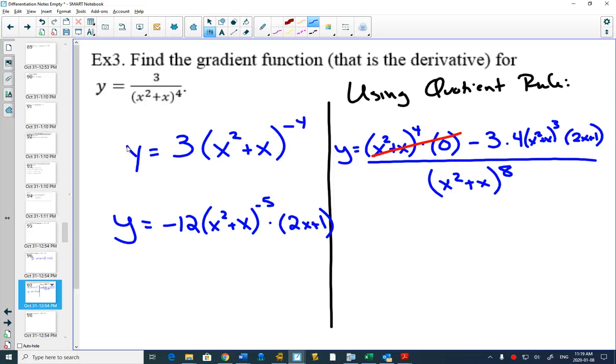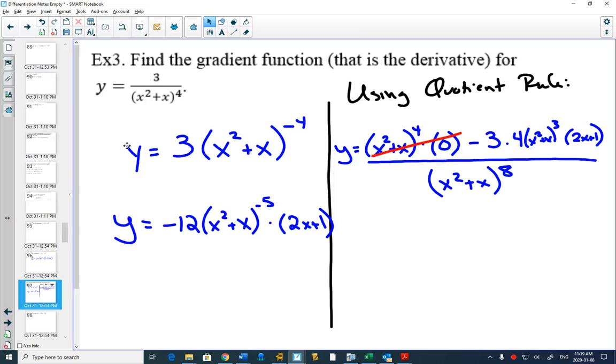So if you said, well, what happens if I chose the wrong derivative rule to do first? You can't choose the wrong derivative rule to do first. You can just choose one that's more work, or choose one that doesn't have as nice of a looking solution. But it's not wrong. So that's a nice thing to know.